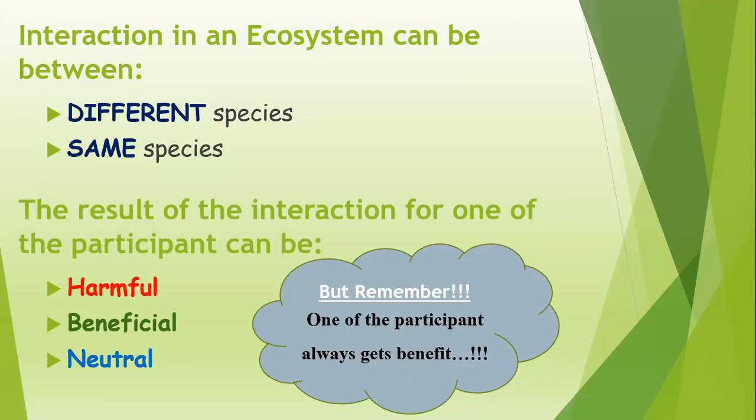So the participant which is feeling that there is harm to it does not want the interaction. But one of the participants must get a benefit, must get an advantage out of the relationship. It should feel that I am getting a benefit. That is why the interaction will occur, right? So one of the participants always gets the benefit. The other one, sometimes it is harmed, sometimes it is benefited, sometimes it is neutral.